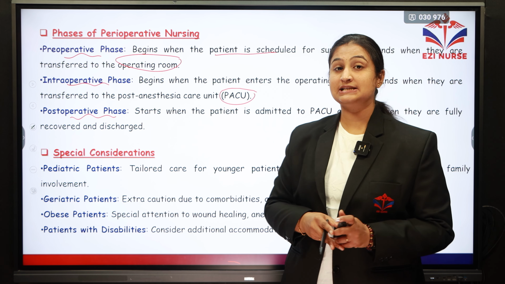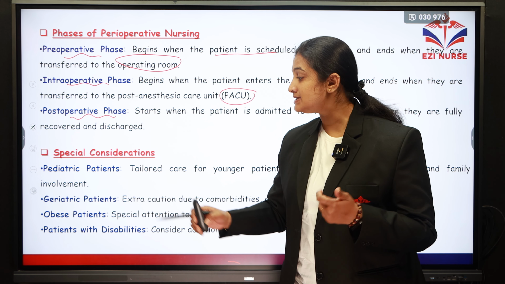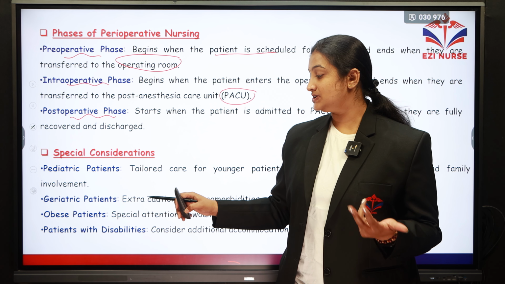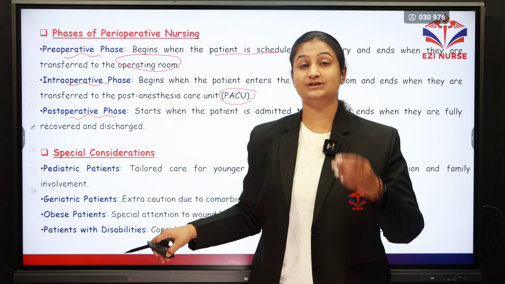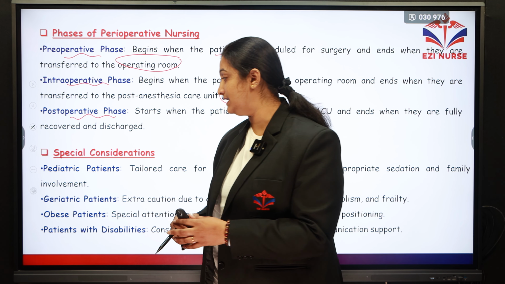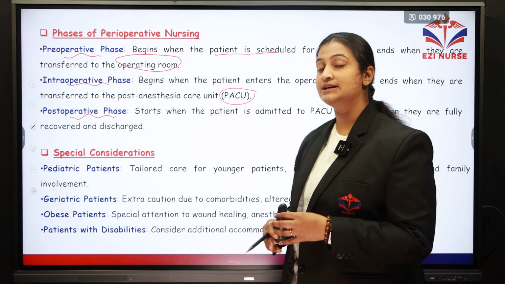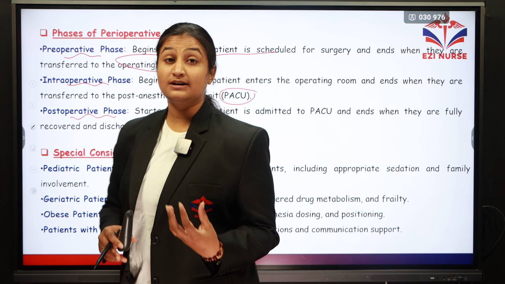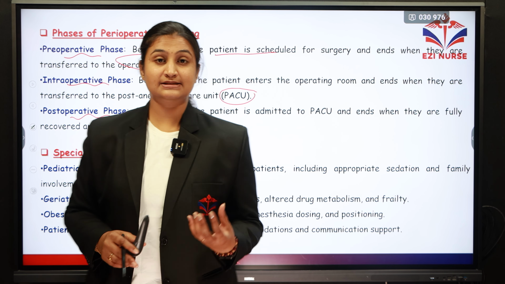Then there are special considerations for pediatric patients, geriatric patients, obese patients and patients with disability. With the key headings you can understand the meaning. For pediatric patients, appropriate sedation will be given, and family involvement is seen.